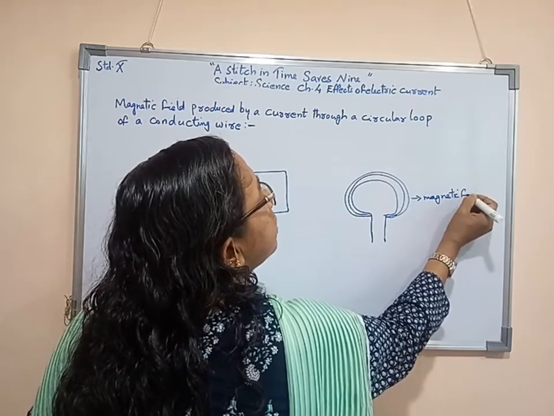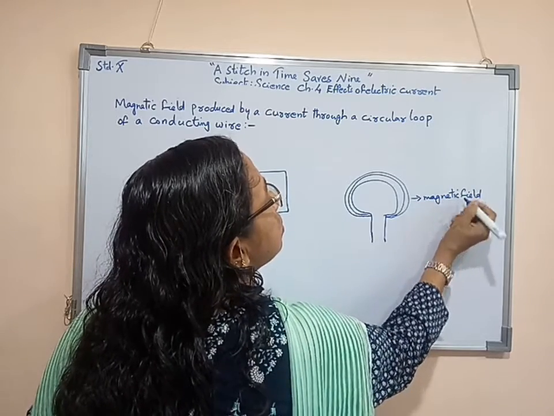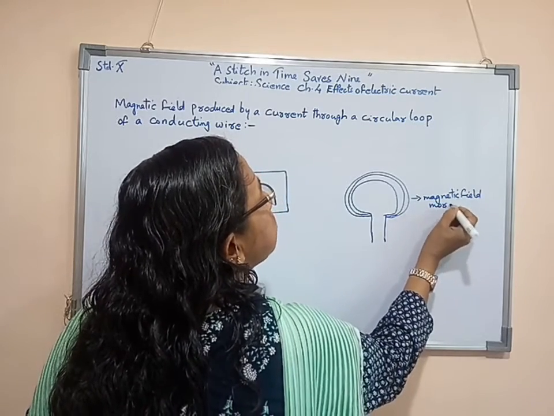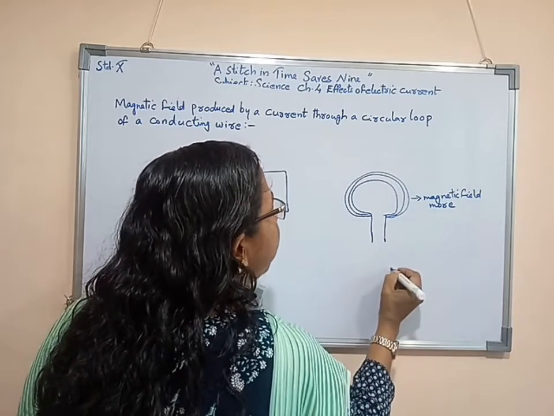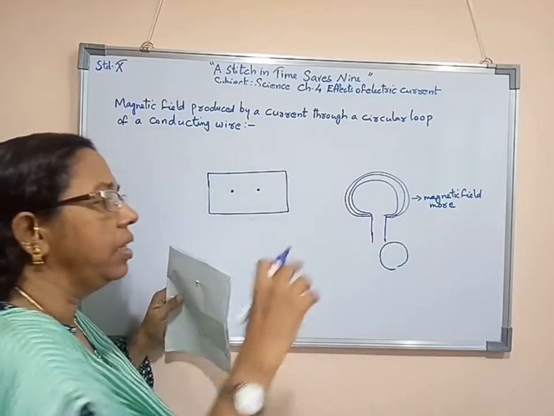Magnetic field will be more. If only one coil is there, one loop is there, loop means a circular form.